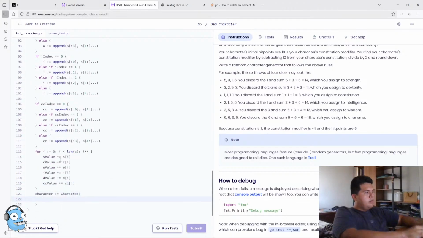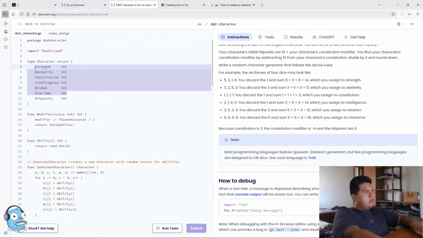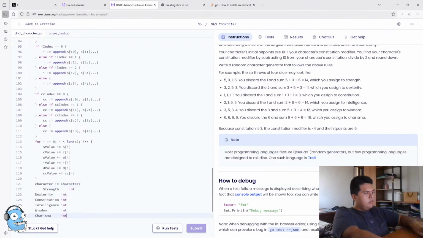And then character strength value, d value, c value, I value, w value, cc value, okay.